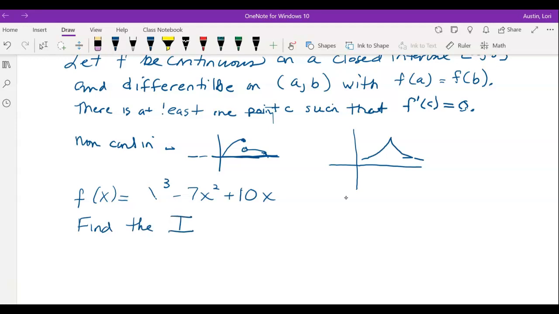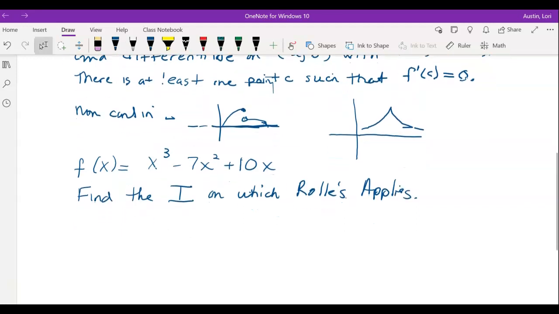Find the I, I stands for interval. Find the interval on which Rolle's theorem applies. So first you find the interval, then you're going to find all values of C.